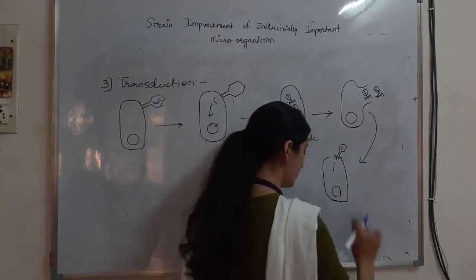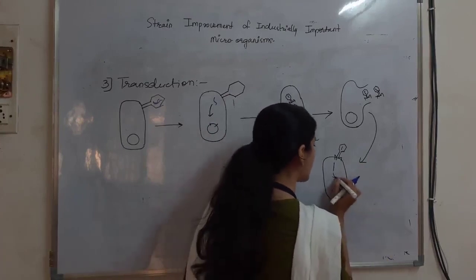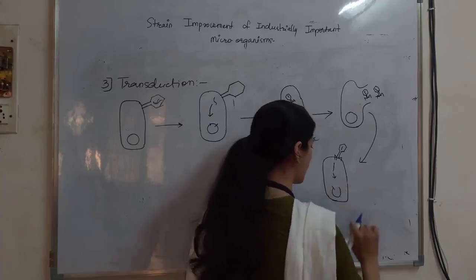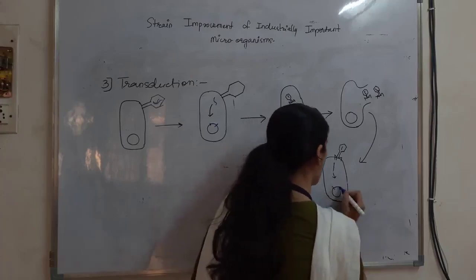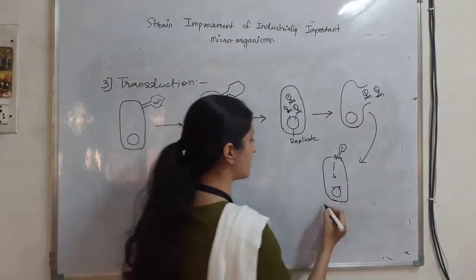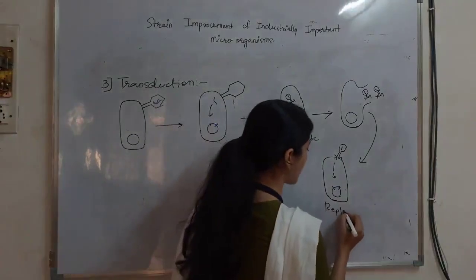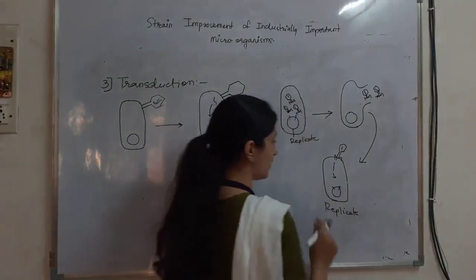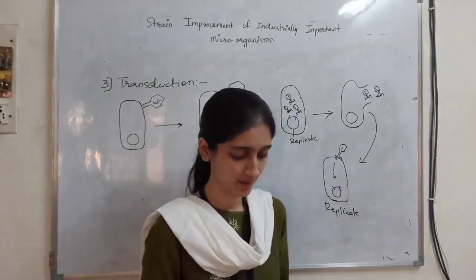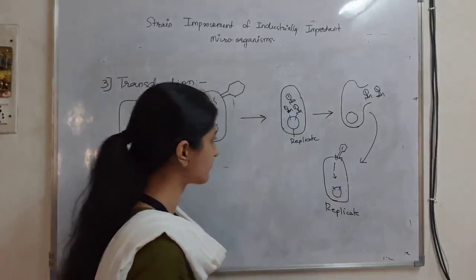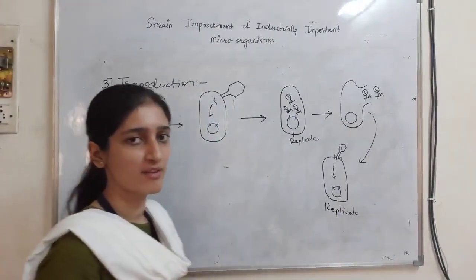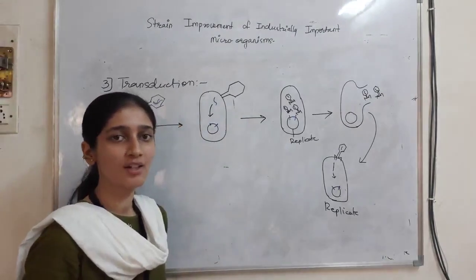Now this is going to incorporate itself into the bacterial cell, and this will replicate, forming a crossover and then finally forming a recombinant DNA. So these are three processes of genetic recombination, which are transformation, transduction and conjugation.